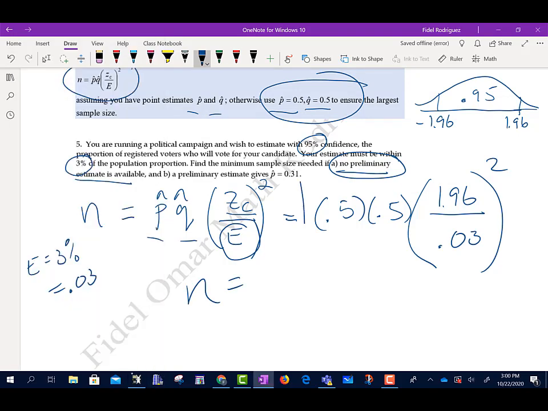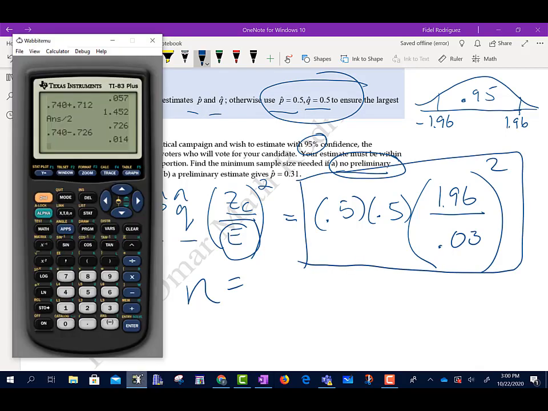Remember, this is what I have written down here, and I'm going to type it in exactly as I see it. So 0.5 times 0.5 times, now I'm going to open up parentheses, 1.96 divided by 0.03, close off those parentheses, and we have to square that whole deal. So I hit my little x squared button.